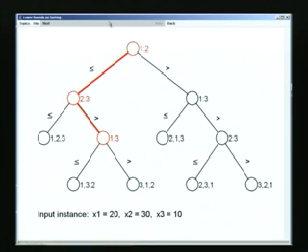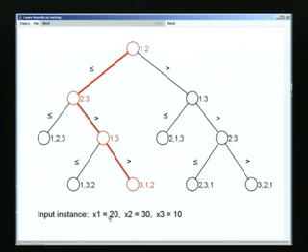So we arrive at this node, and at this node we just output. We output 3, 1, 2, which represents our conclusion that x3 is the smallest, x1 is the next smallest, x2 is the largest. And indeed, you will see that x3 is 10, which is the smallest of 10, 20, 30, x1 is the next largest, and x2 is the largest.